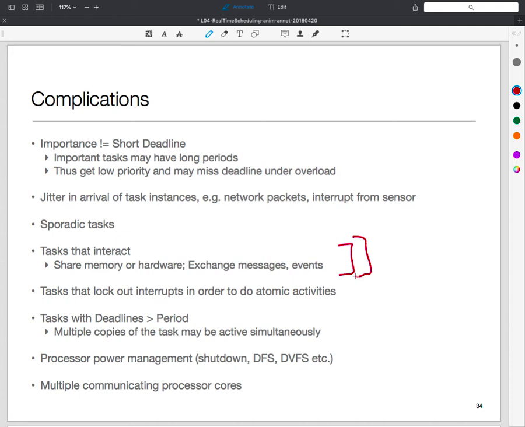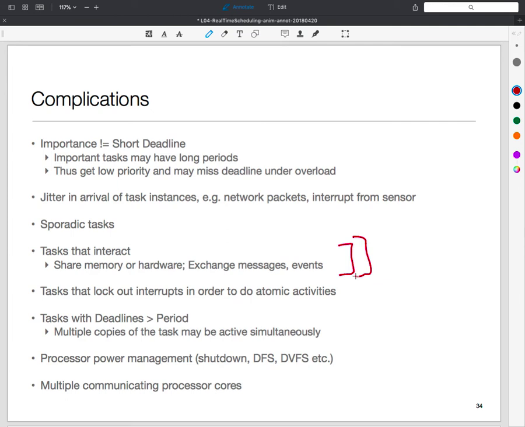And finally, many embedded chips now have multiple processor cores. What should I do? I now have an additional problem: I have to map the task to a processor core also. So there are all these complications, which research has addressed for most of them, or it has found that there is no answer.